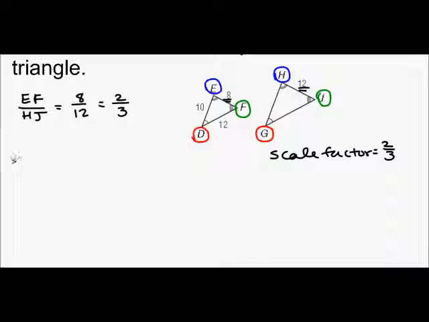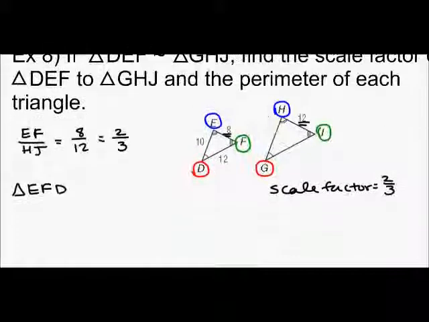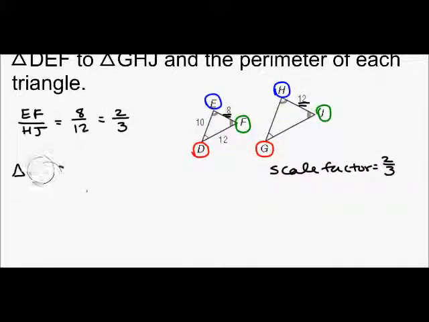All I have to do for triangle DEF is add up our 3 sides. So perimeter is just the length around the outside. We're going to say 8 plus 12 plus 10, which is 30.